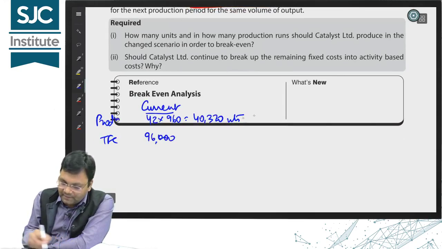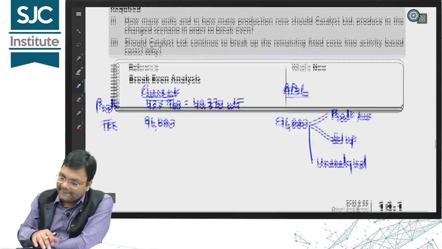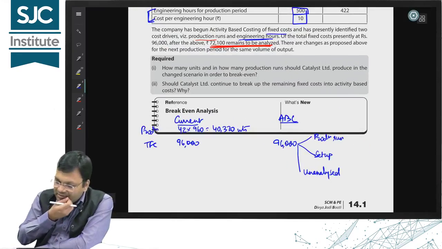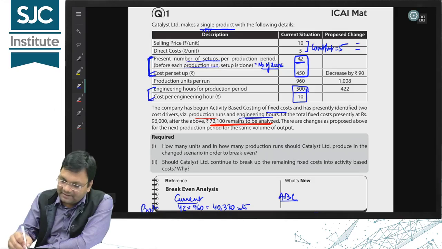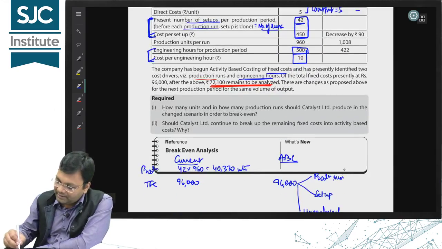In the ABC system, this 96,000 is broken into three heads: production run, engineering, and unanalyzed fixed cost. 42 into 450 is 18,900.